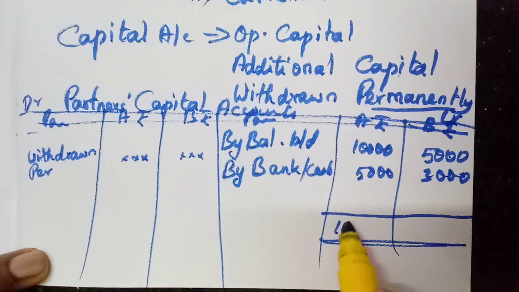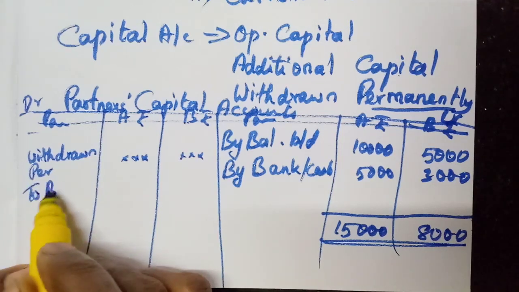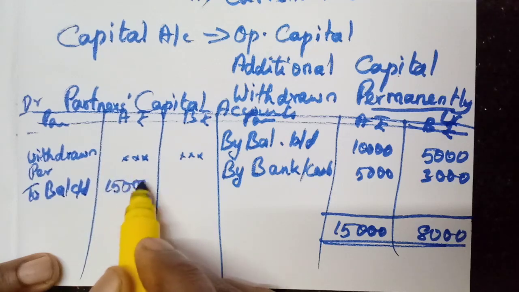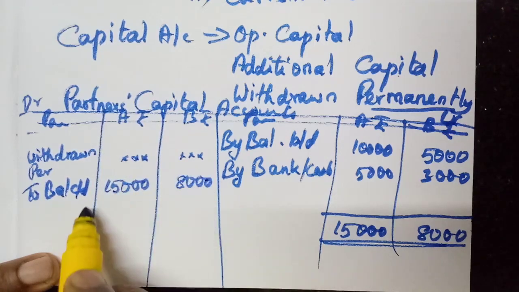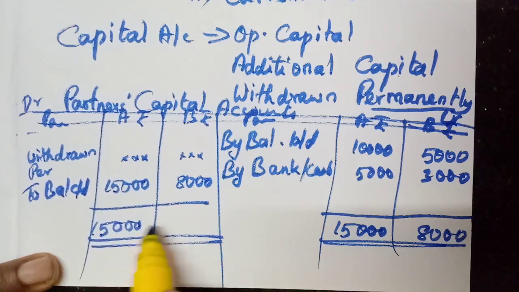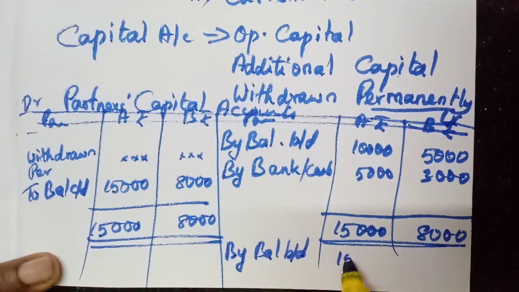Here 15,000. Here 8,000. The same thing you have to write. To balance, carry down 15,000, 8,000. Then again by balance brought down 15,000, 8,000.